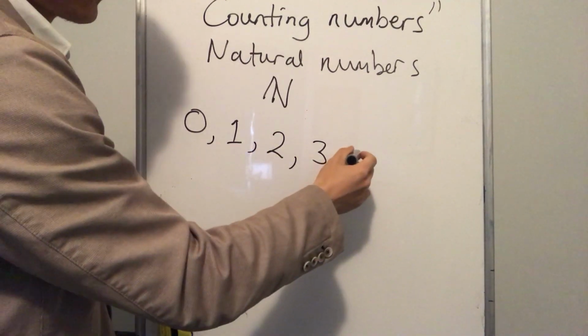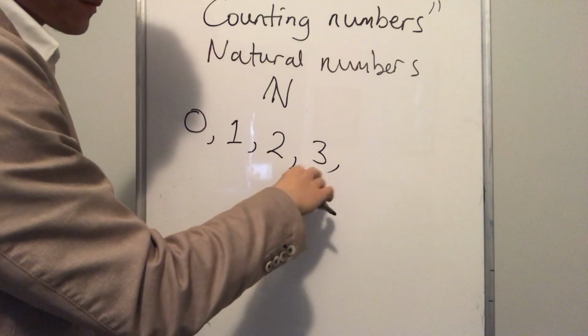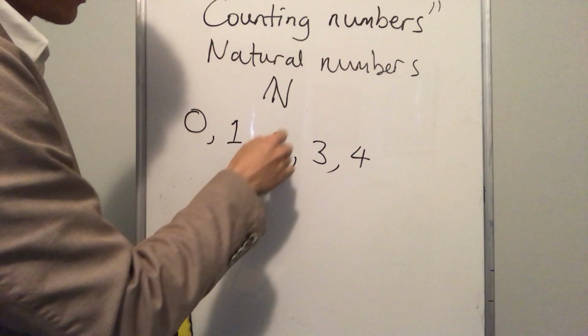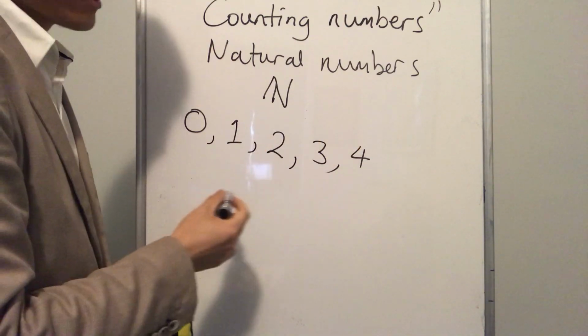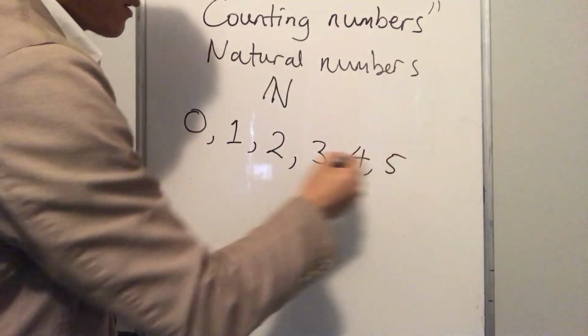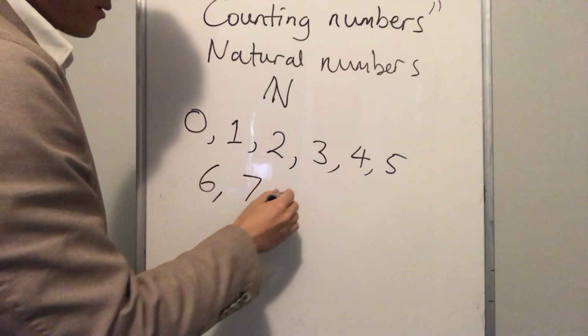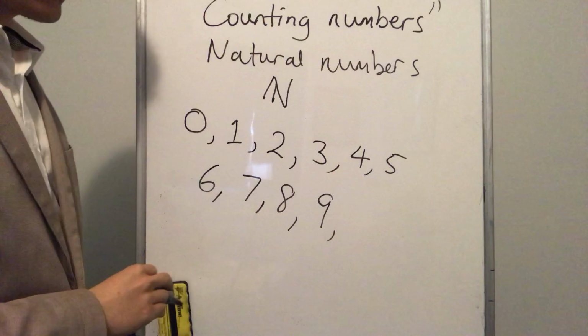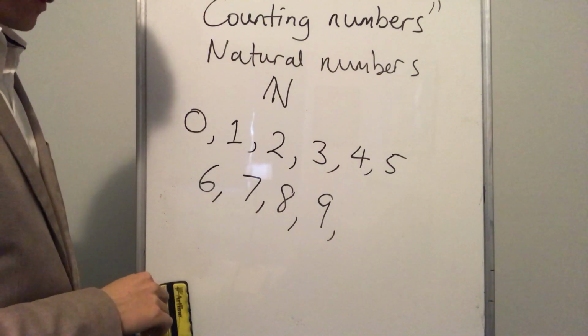And so we define 4 to be the one after 3, or it could be 1, 2, 3, 4 after 0. And keep going, 5, 6, 7, 8, 9. And then once we get to 9, we start trying to be a little bit more efficient with the symbols.